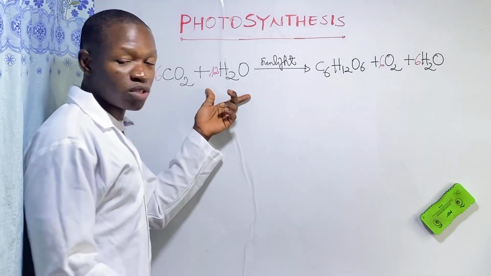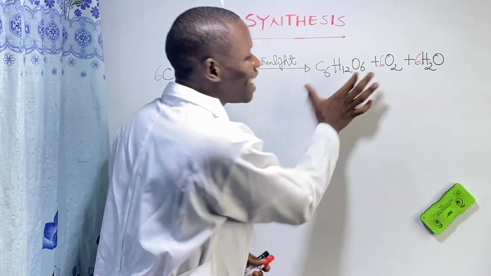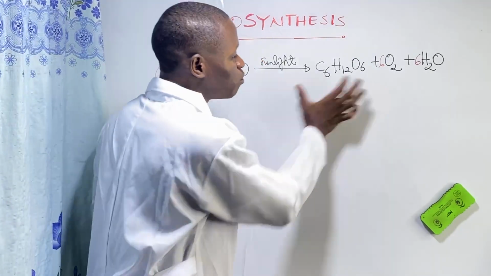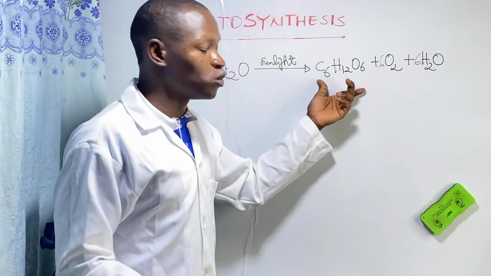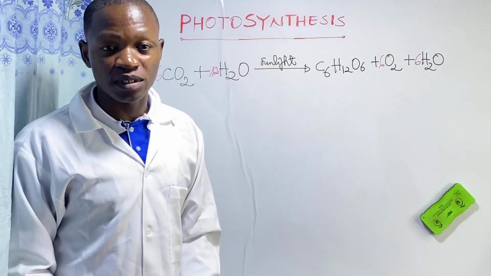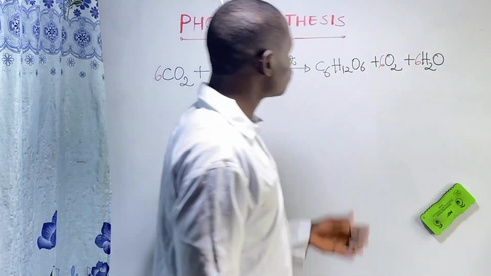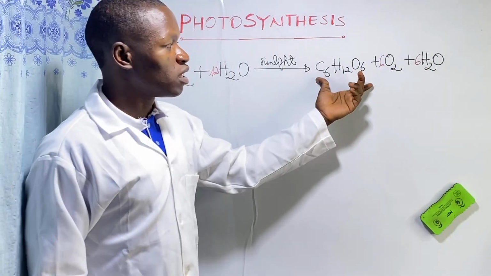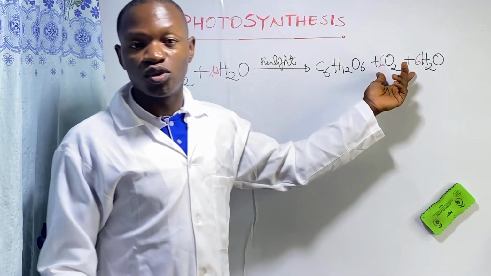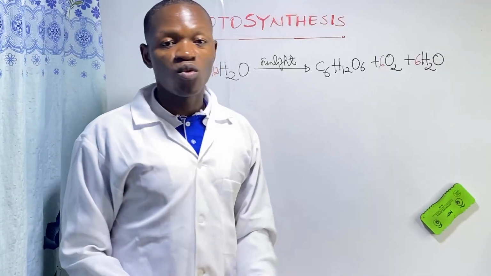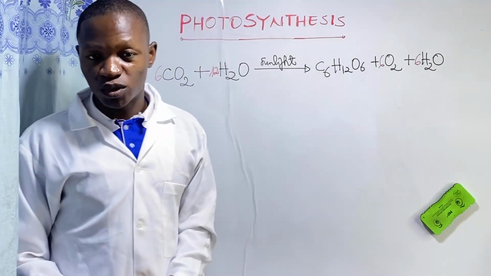Simple inorganic molecules are converted into a complex organic molecule, an example of which is glucose, even though this glucose can be converted into other forms after synthesis. In that process, oxygen is produced as a waste product and water is also formed again. How is water formed in photosynthesis?